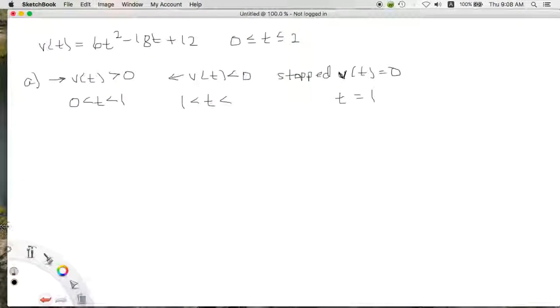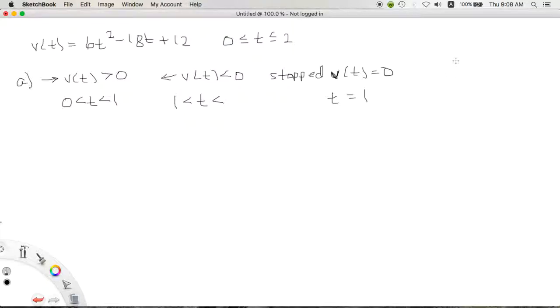So if you graph it on your calculator, we've got this graph here. You'll find this is the first 0 we found, that was 1, and this is the second 0. It's actually at 2, because we could have factored this 6 times t squared minus 3t plus 2, which is 6 times t minus 2 times t minus 1.